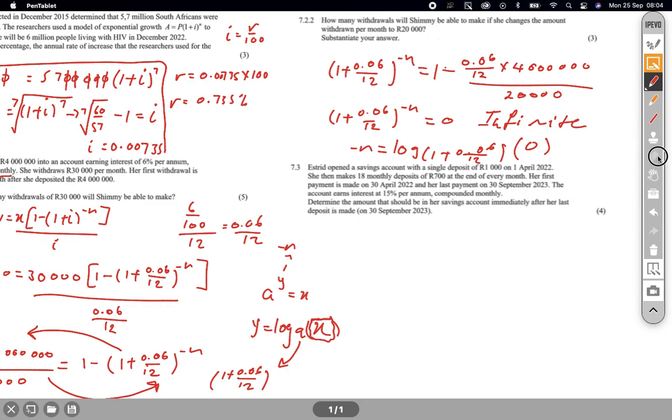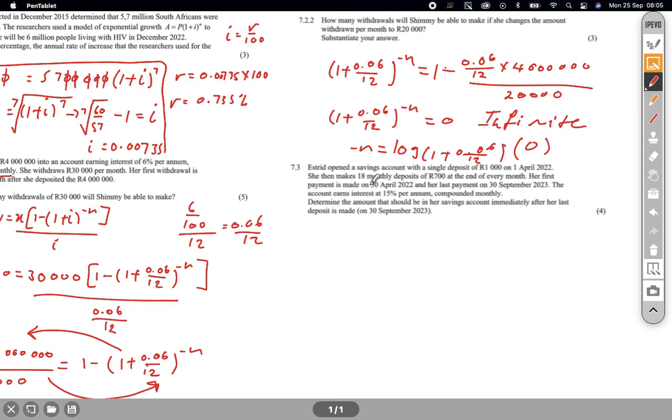Okay, let's go to 7.30. And we are told that Astrid opens a savings account with a single deposit of 1,000 on 1 April 2022, and then she makes 18 monthly deposits of 700 at the end of every month.